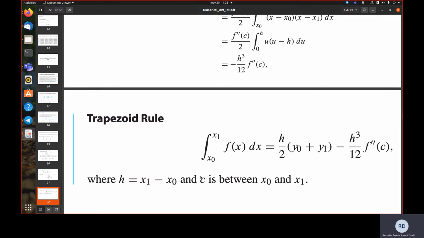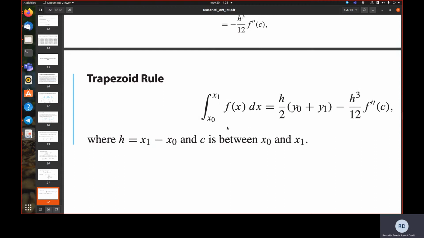This has to be met to be an effective integration. Okay, so this is what we have for the trapezoid rule.